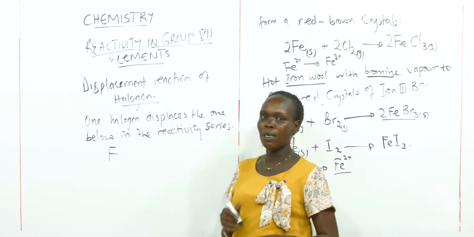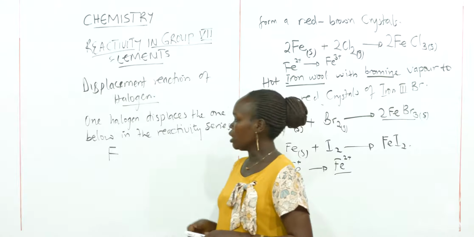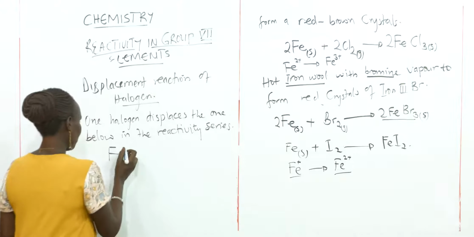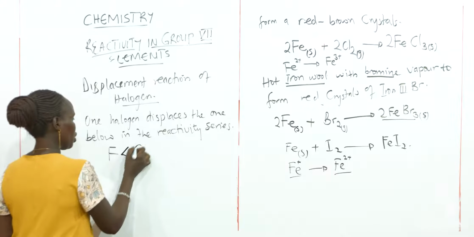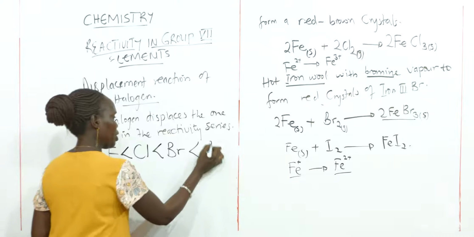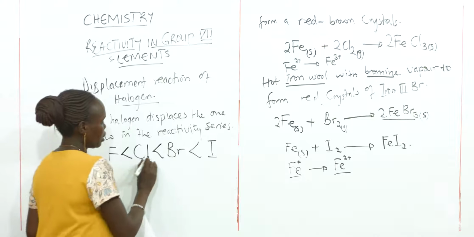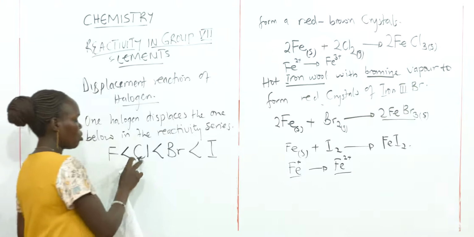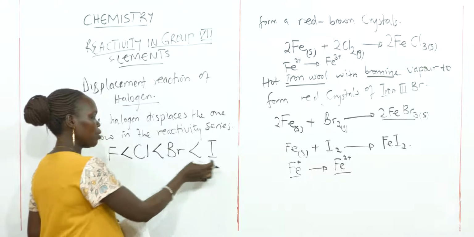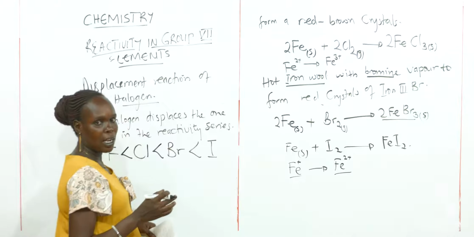Those below in the group, from fluorine to iodine: fluorine is the highly reactive one, and it displaces chlorine, and chlorine displaces bromine, bromine displaces iodine. So chlorine will have the ability to displace bromine and iodine, while bromine will only displace iodine, but iodine cannot displace the rest of the elements from their halide compounds.